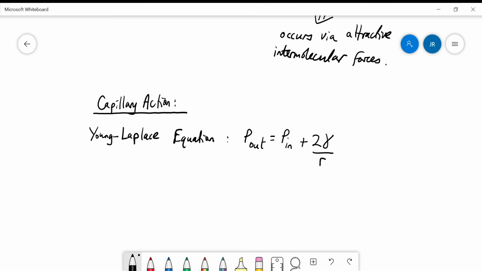Okay, so this is our Young-Laplace equation, which we're going to use.